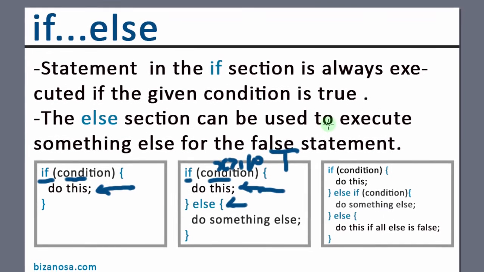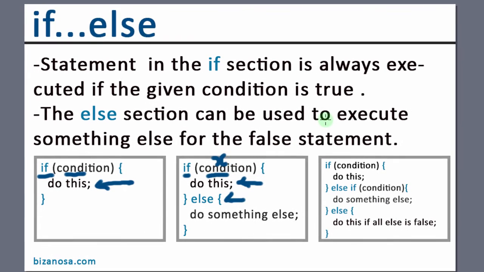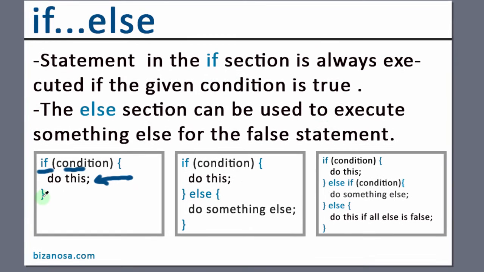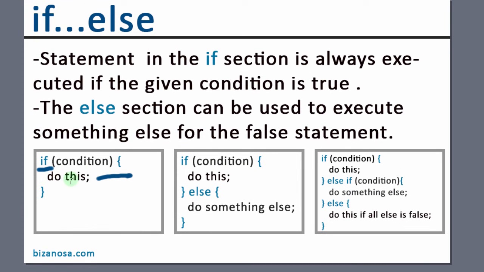So coming back here, you can see that we have this if that has no else section, and this if that has an else section, and then we also have another one here which has been compounded. This is a compound else if, whereby if a condition here is true, do that. Else if the condition here is true, do that. Else if there's another else if here, do that. So what happens with this one?